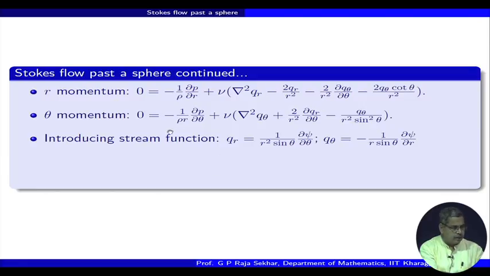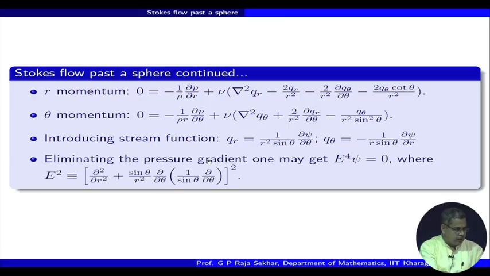So more or less a similar process. We considered the r momentum and theta momentum. We differentiate this with respect to theta, and before we differentiate with r, first multiply by r throughout so that this factor r is gone, then differentiate with r and subtract.